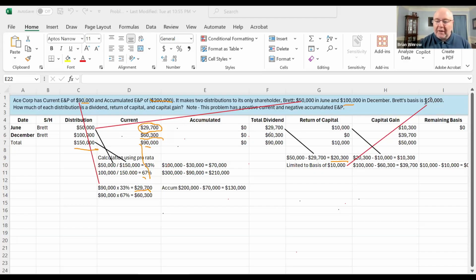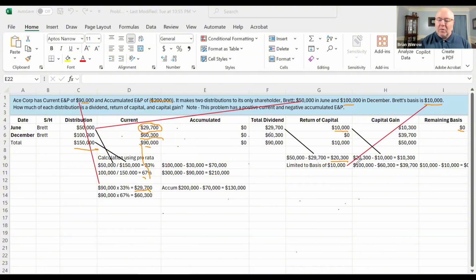All right. Well, what are we going to do with that? Well, let's go to basis. We have $10,000 for our basis over here. So we're going to take the full basis. So of that 20,300 remaining, 10,000 is going to be basis. So we call that return of capital. Our basis will become zero. We don't have anything left for basis.